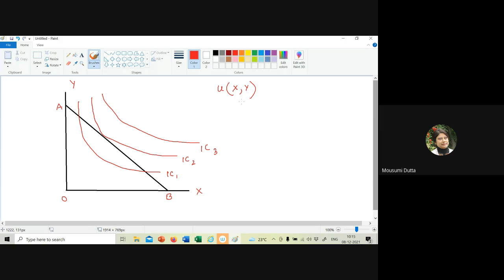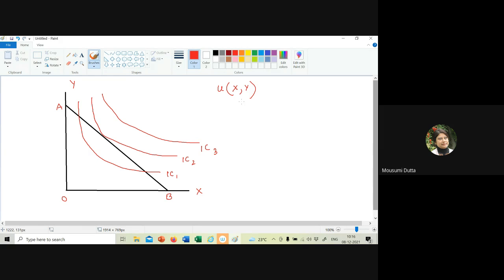However, IC3 is totally beyond the budget line, and therefore we will not be able to generate any feasible solution out of IC3. Any indifference curve which is not even touching the budget line, far beyond the budget line, is not indicating combinations of commodities which I will be able to afford. So IC3 is not affordable to the consumer.